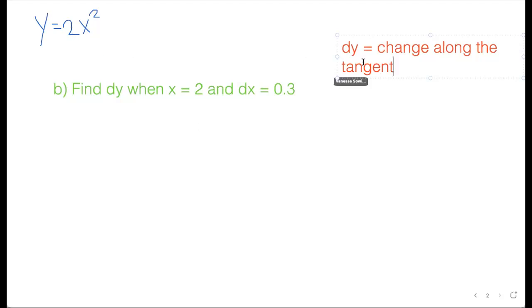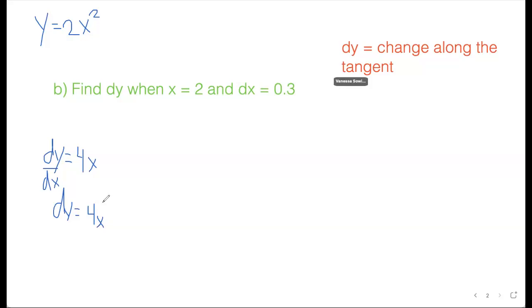The first thing we want to do is find dy, because remember, when we take the derivative, it's dy over dx. So we take the derivative of this, and dy dx equals 4x. Then we can multiply the dx over, so dy, the derivative of y, equals 4x dx.